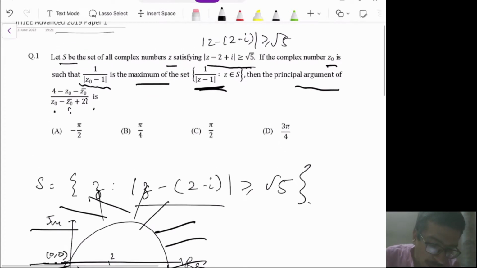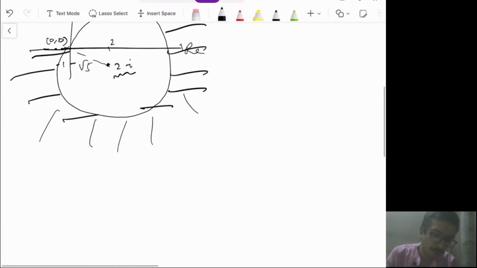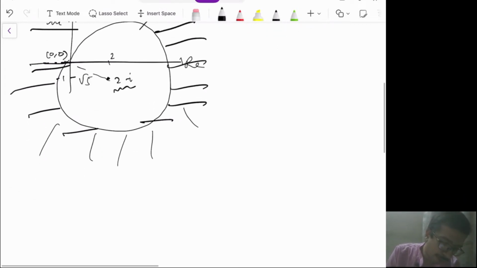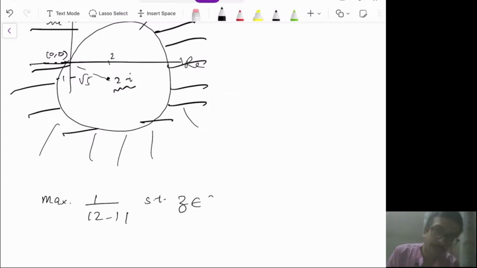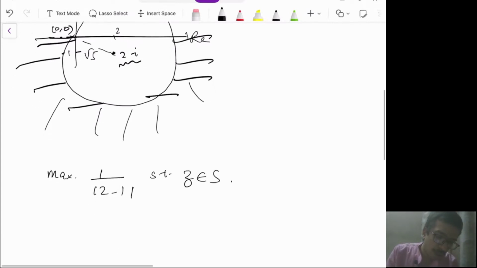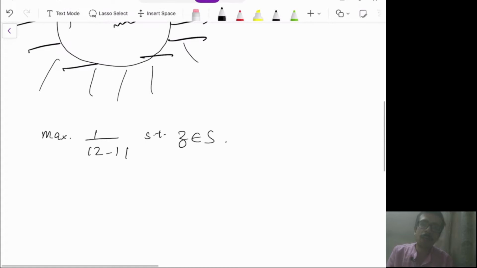Now we have to find that z0 which maximizes the value of 1 over mod z0 minus 1. So basically we need to maximize 1 over mod z minus 1 such that z belongs to the above set S. Now, maximizing 1 over x is equivalent to minimizing x.